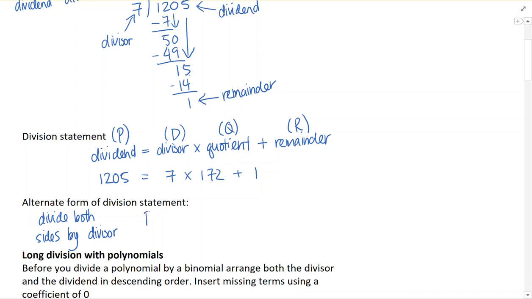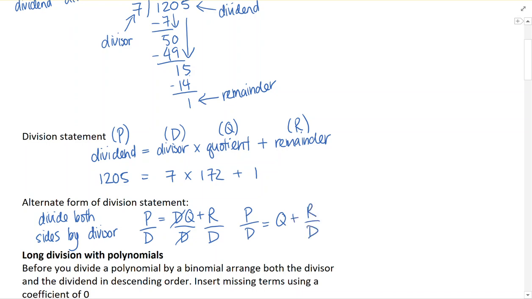Well, it used to be dividend equals divisor times quotient plus R. If I'm going to divide both sides by the divisor, this is divided by D, and the other side is also divided by D. But since I have two things added, I'm going to break it up into two separate fractions, which will look something like this. So D's cancel out. If I rewrite it, P over D equals Q by itself plus R over D.